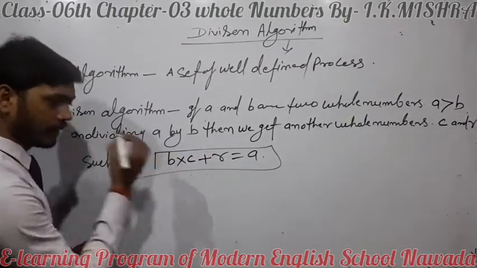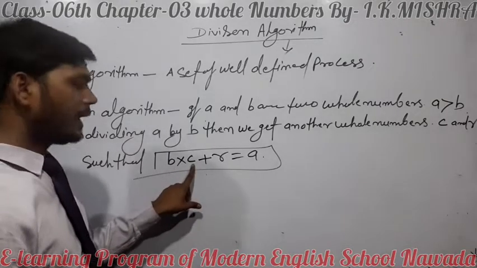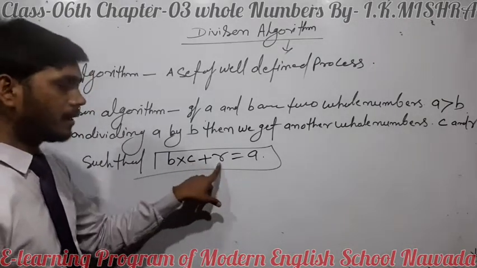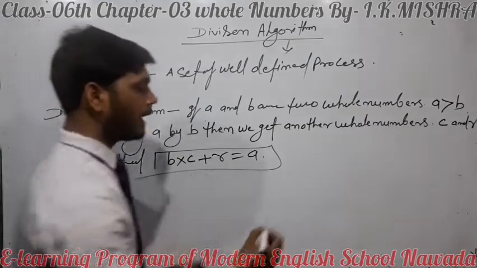B means divisor, C is another whole number and R is another whole number.